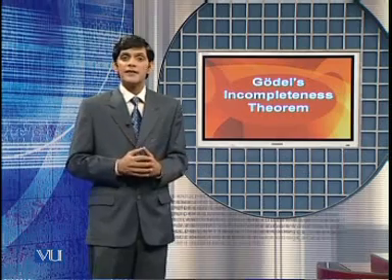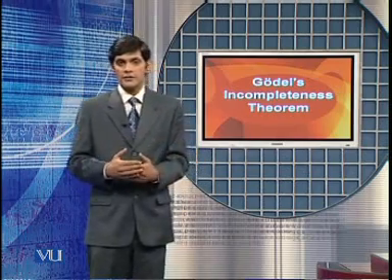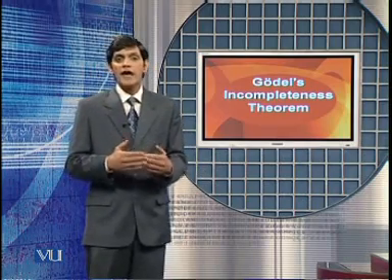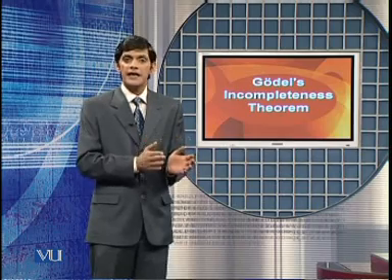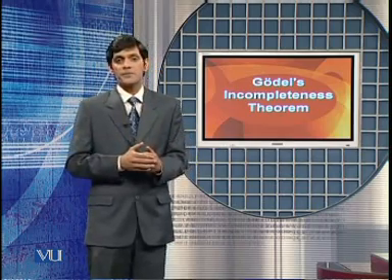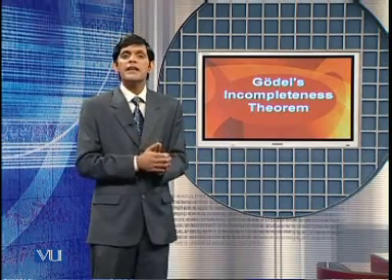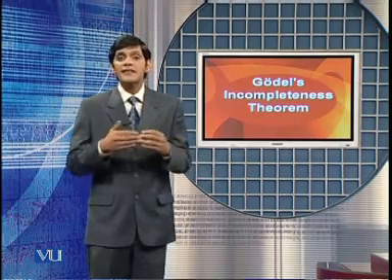Well, since this is a statement, this statement can either be true or false. Let's see what happens if this statement is false. Psi says that s does not accept 0. So, if this statement is false, then s accepts 0.